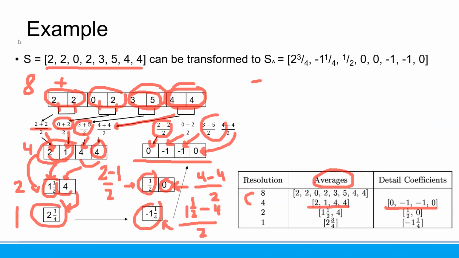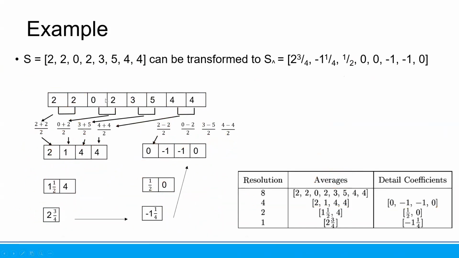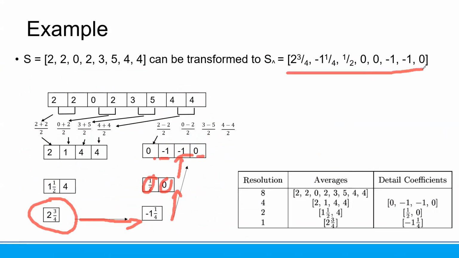Okay. Then we can get the transformation value from this, and then next this one, and goes up half and 0, and then goes up 0, minus 1, minus 1, 0. This is the transformation using the wavelet.